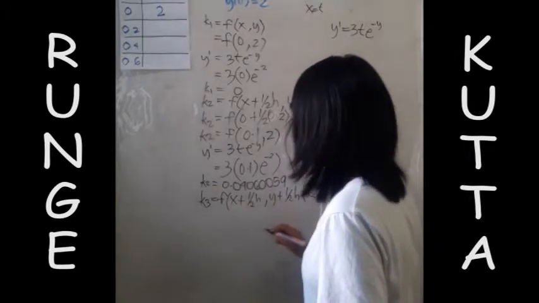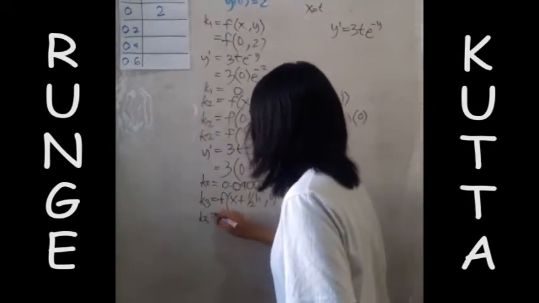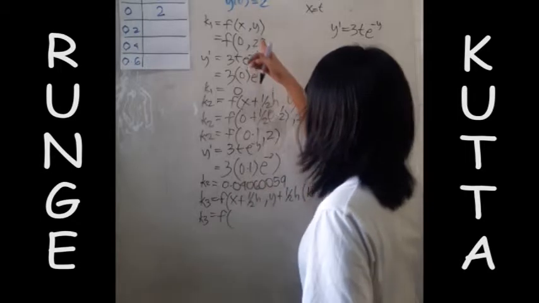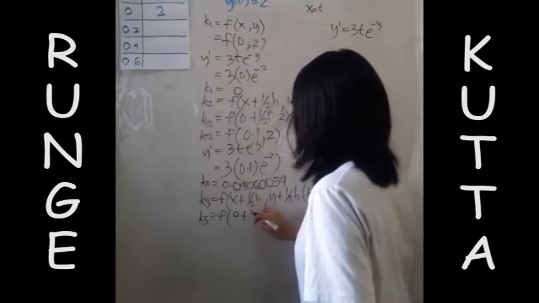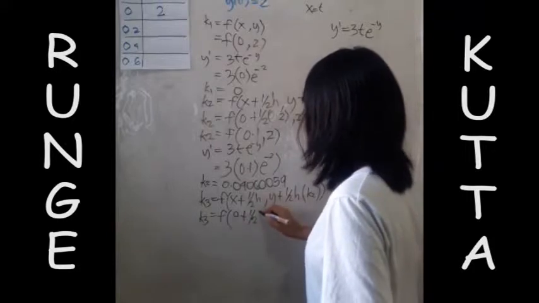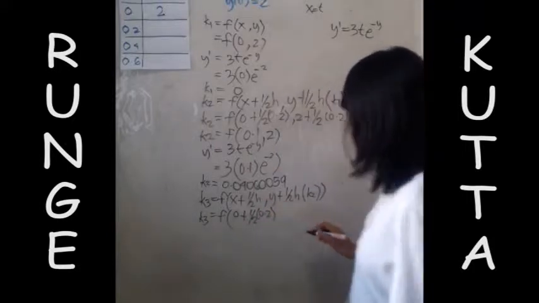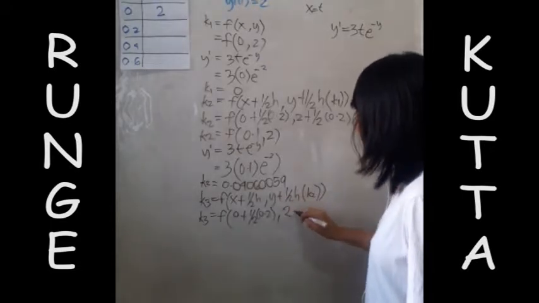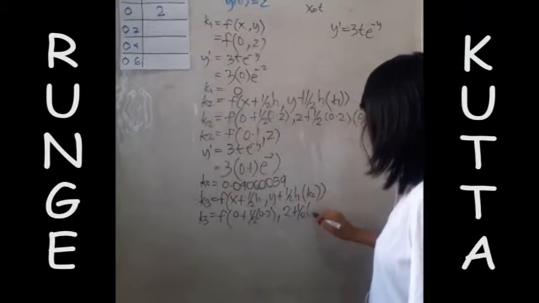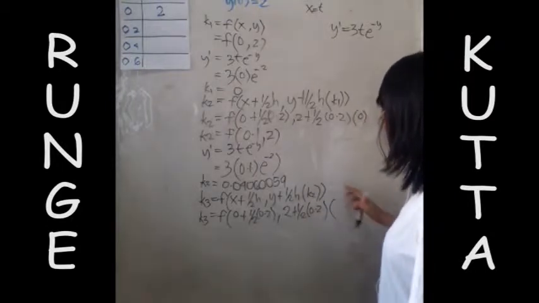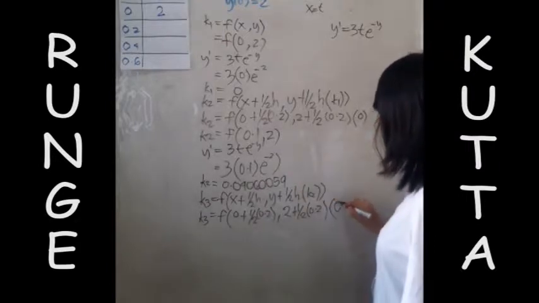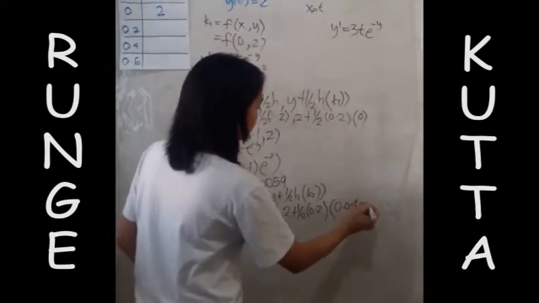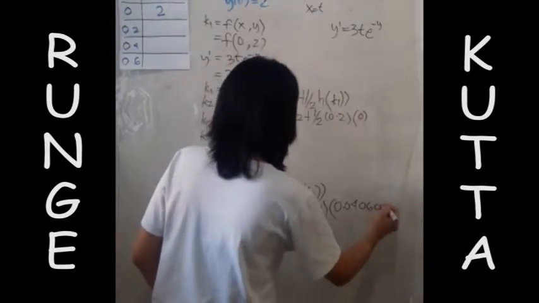So now let's substitute again. K3 is equal to function of our x is 0 plus 1/2 of our h, which is 0.2, and our y is 2 plus 1/2 of h, which is 0.2, and multiply the value of K2, which is 0.04060059.